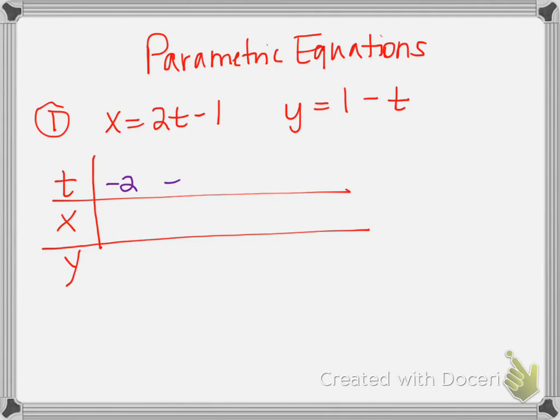Unless it's just a weird kind of problem, I'm just going to pick like from -2 to 2. And then I'm going to plug those values in for t. And then I'm also going to plug those values in for y. And then we're just going to graph those points.